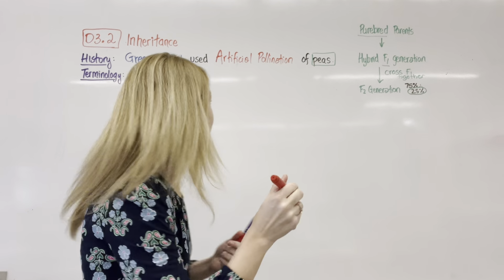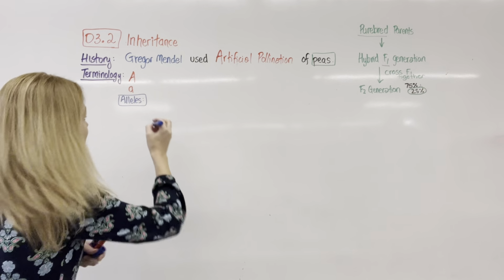When we see single letters like that, we are looking at alleles. When we say alleles, we are talking about versions of a gene that are different because of single nucleotide polymorphisms. They're generally almost the same except for single nucleotide differences.